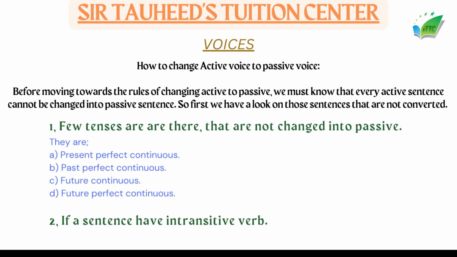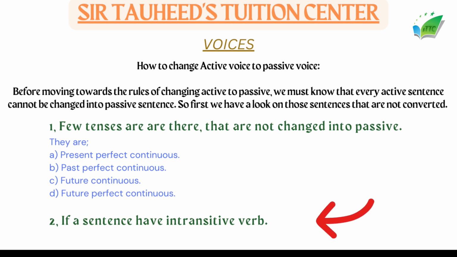Second condition is about verb. If there is an intransitive verb in the sentence, even then we cannot change this active sentence into passive voice sentence. What are intransitive verbs? All those verbs that do not need an object at the end.